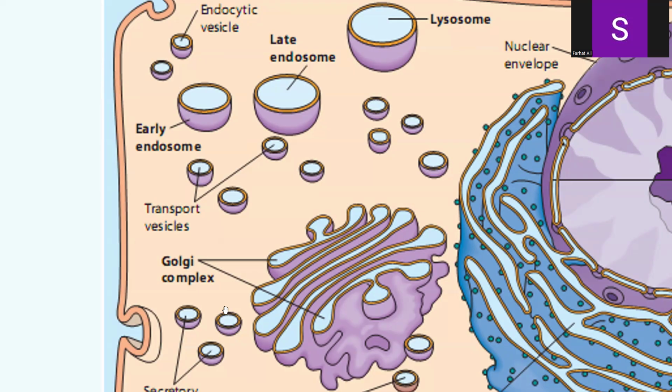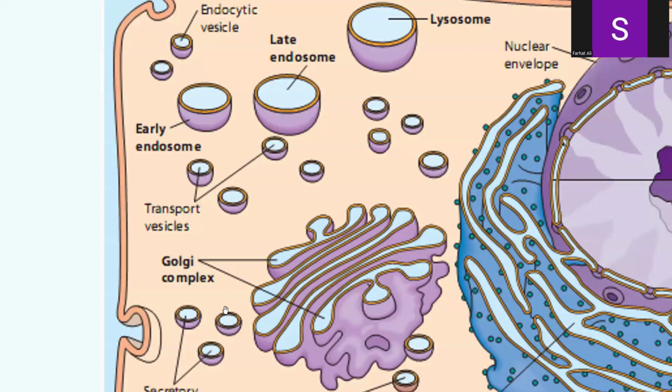Now, how is it decided to what destination this vesicle is going to transport the proteins? That actually is decided through a mechanism of tagging. All the proteins which need to go to a certain destination are processed in a particular manner, and then they can have a tag or an identifier that describes the destination of the protein.